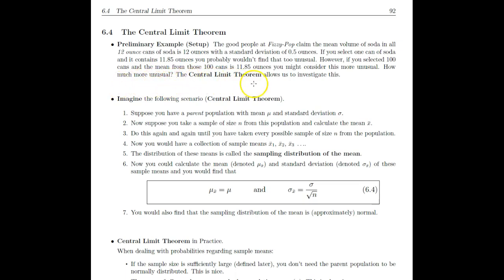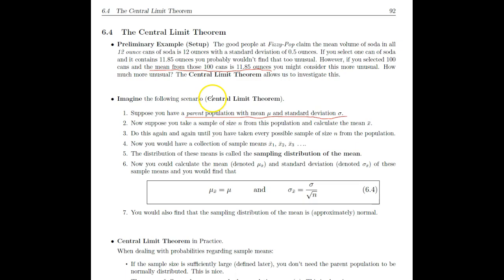That's what the central limit theorem allows us to investigate, this idea of talking about sample means and analyzing data values of sample means. Okay, so imagine the following scenario. Suppose you have a parent population with a mean mu and a standard deviation of sigma. A parent population is just a collection of raw data.